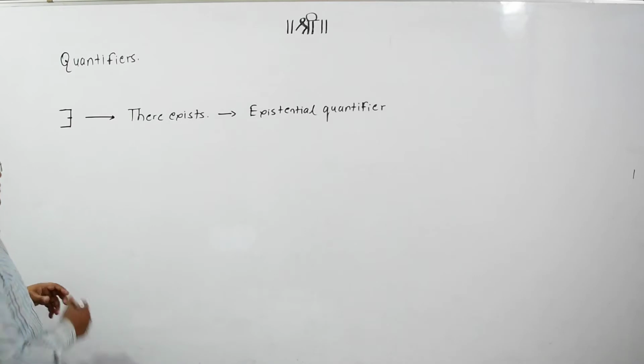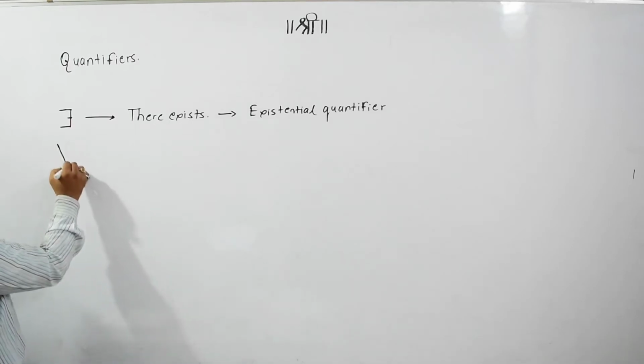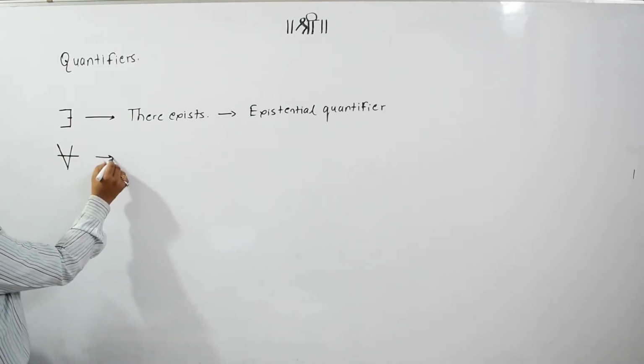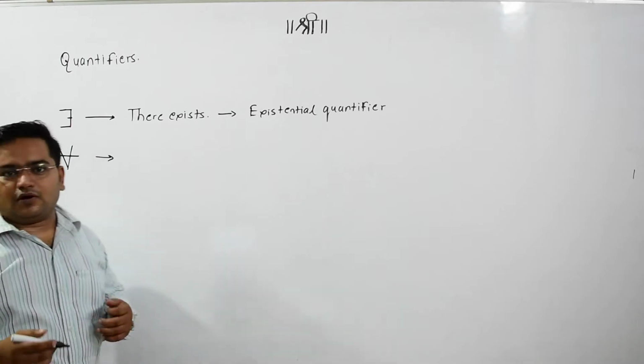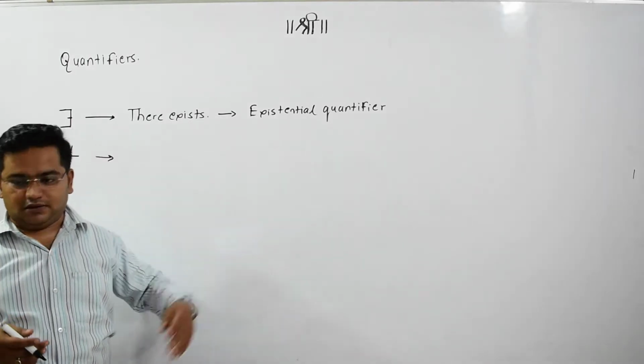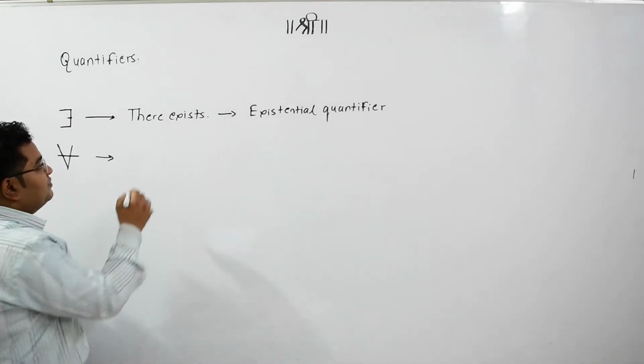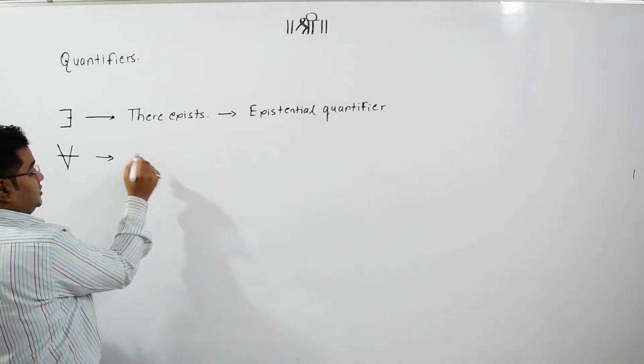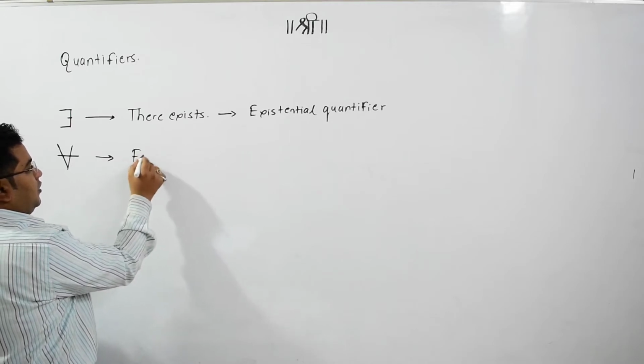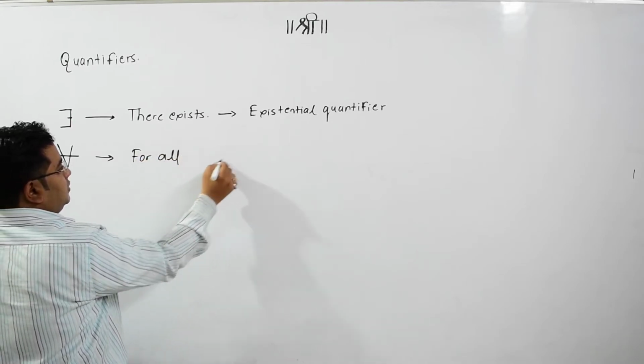Now another quantifier can be read as for all. So for all x belongs to A, which I will explain in our example. We read it as for all.